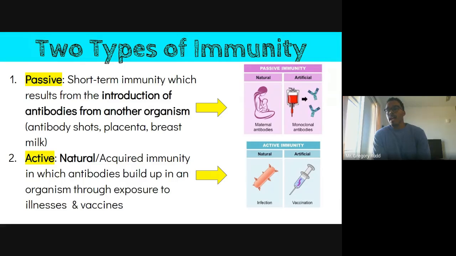So there are really two types of immunity, and I do want you all to write down these definitions as well. So I'm going to leave this on the screen for a while. There's passive immunity. Passive immunity is short-term, and it results from the introduction of antibodies from another organism.